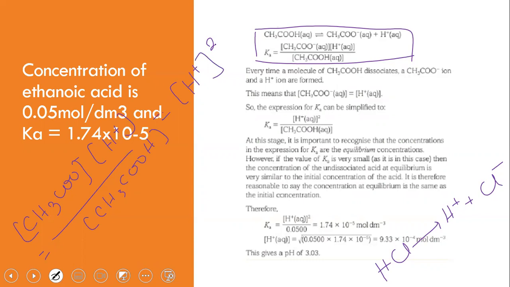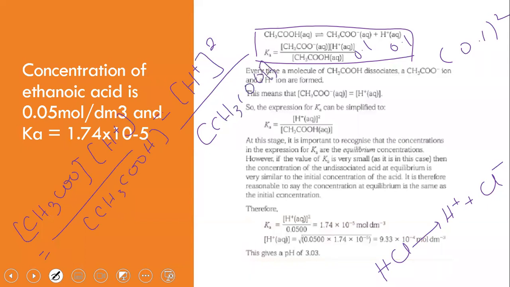For example, if the concentration of hydrogen ion was 0.1, the concentration of the negative ion would also be 0.1, so I could simply write 0.1 squared. Either I write negative ion multiplied by positive ion, or I simply write hydrogen ion squared. And then the rest of the formula remains the same.